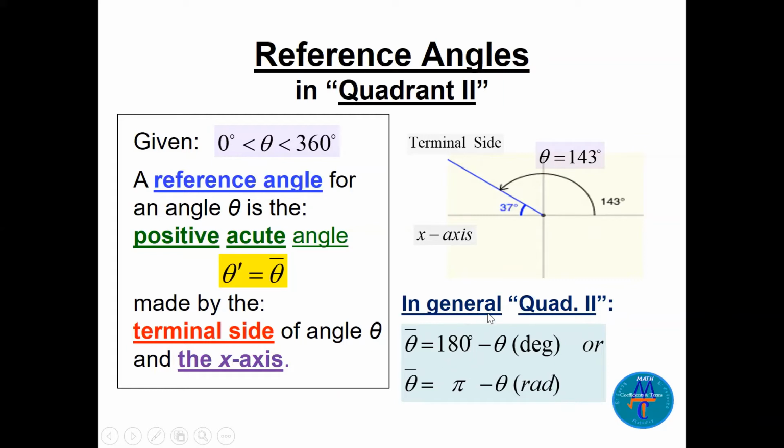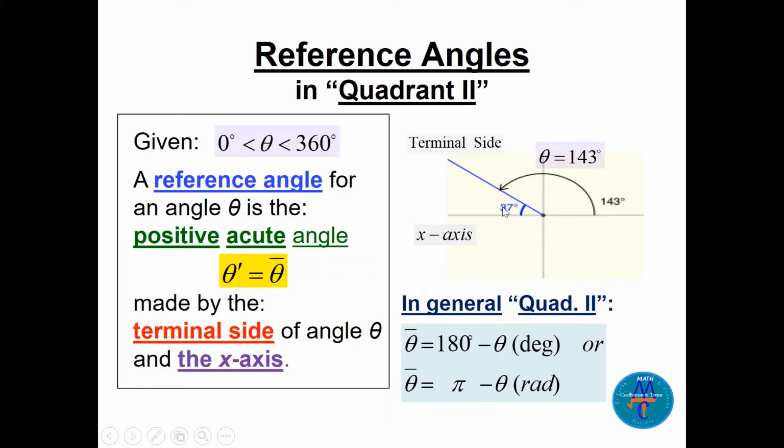You can find the reference if the angle lies in quadrant 2: it will be 180, the whole straight angle, minus theta. Theta is given, 143, in degrees. In radians, you can say pi minus theta. So 180 minus 143 is 37, which is the reference.